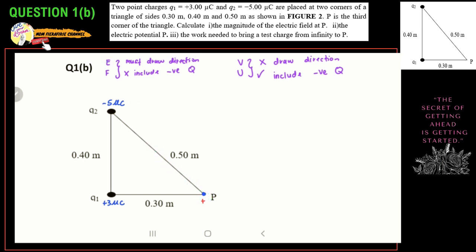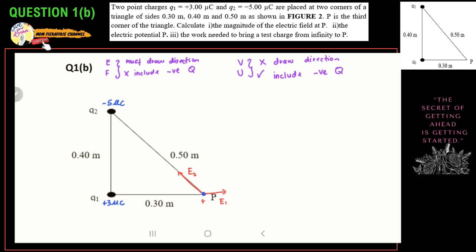We consider it like that, so you label it E2. How about E1? Look here, positive and this is also positive, so this point will be repelled to the right. Positive will repel. So this direction is E1. Please label it like that.